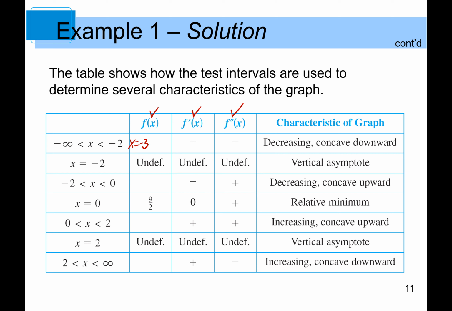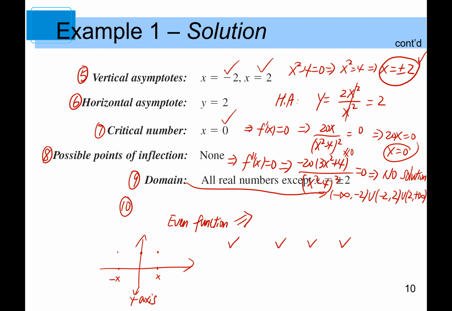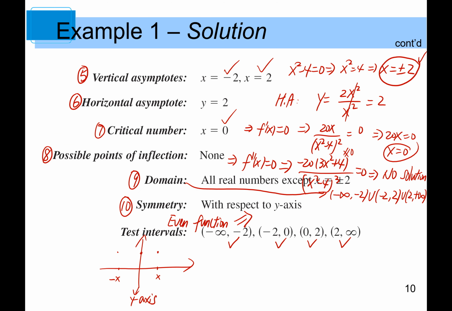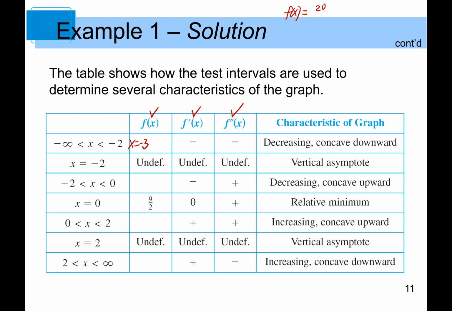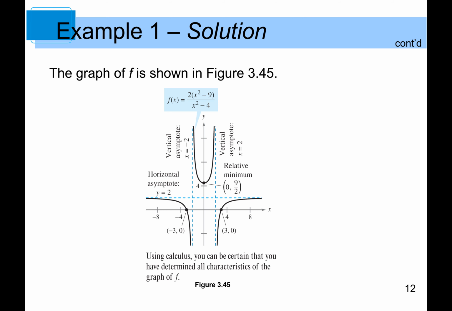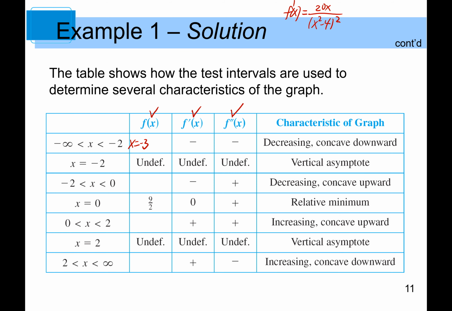If you plug into the first derivative, 20x over (x squared minus 4) squared. As you can see, when x equals negative 3, the numerator is negative and the denominator is always positive, so the result will be negative. That's why it's negative.